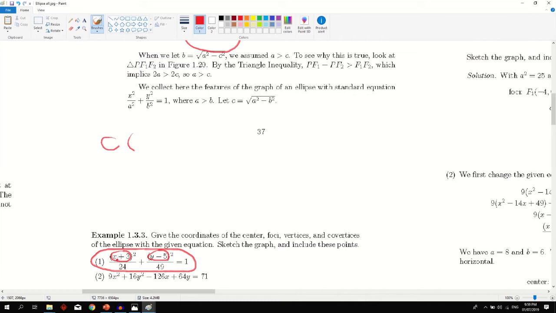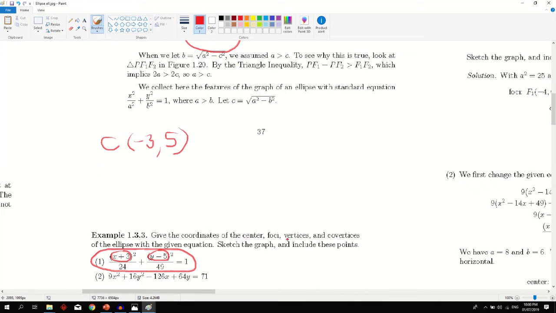The neighbor of x would be the first one here. So x plus 3, then we transpose that, it will be negative 3. Then y minus 5, we transpose that, it will be 5. So the center is (-3, 5).